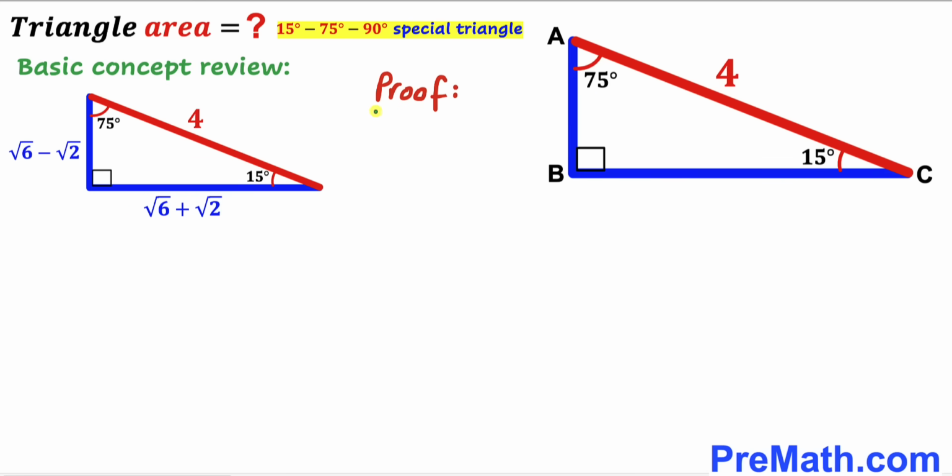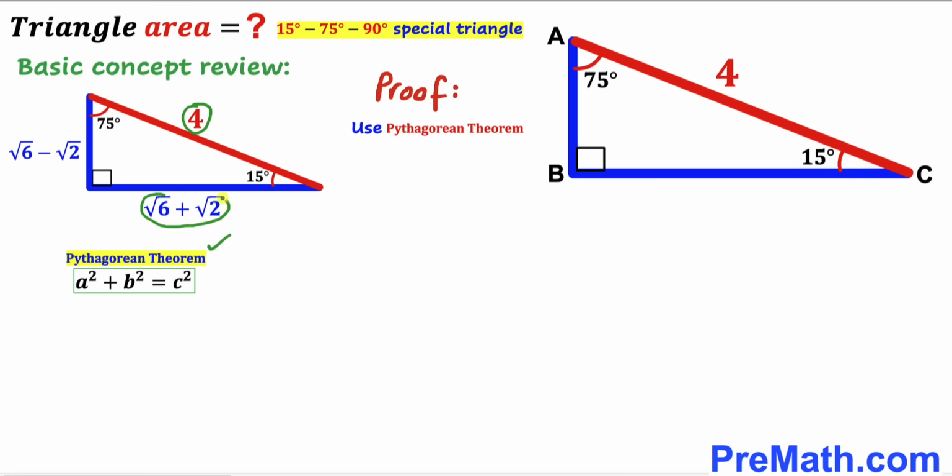Let me show you a quick proof. We are going to apply the Pythagorean theorem on this right triangle: a square plus b square equals c square. In our case, our hypotenuse is 4, whereas our two legs are square root of 6 plus square root of 2, and square root of 6 minus square root of 2. Let's fill in the blanks in this Pythagorean formula.